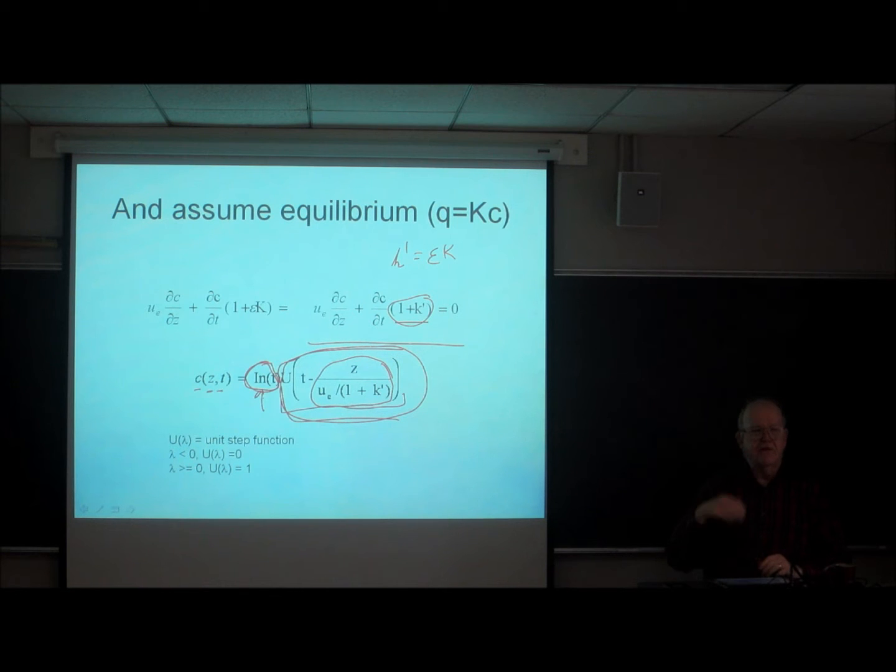So what this says is you have to define the input function to the column. And once you know the input function, you can just move it through the column. Now, I'm going to take the simplest case, which is a pulse function.